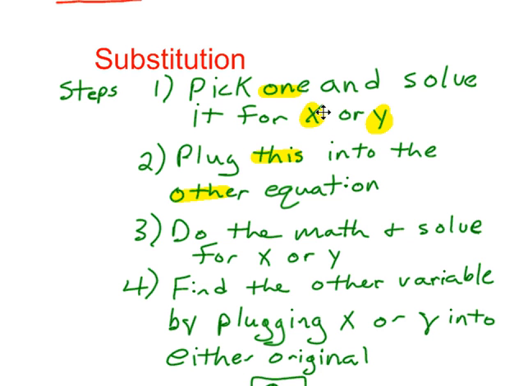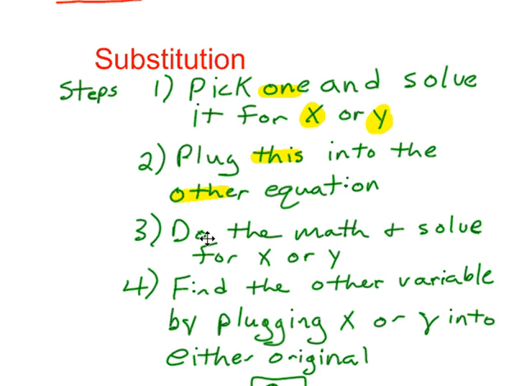Pick an equation and solve it for x or y. It will depend on every single problem, so I can't tell you which. You decide which one is best for yourself. Okay. Step 2, plug this new value into the other equation. So solve one of them for x or y and plug that into the other equation.